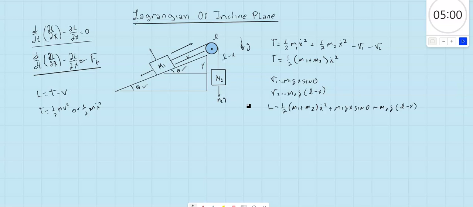We can find the derivative with respect to time of the partial of L with respect to the partial of x dot. The only thing that we have with x dot is this right here, so the 2 will cancel with the 2, and we will have (m1 plus m2) x dot. If we take the derivative, it will be x double dot.